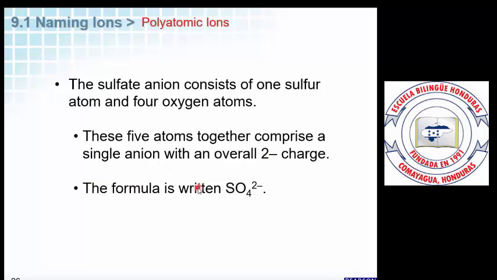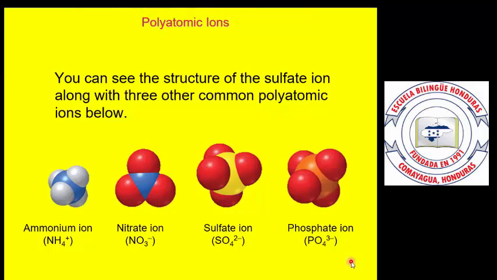So the formula of this polyatomic ion is S, the sulfur, O, and remember there are 4 atoms of oxygen, and the charge for this polyatomic ion is -2, or 2 negative charge.